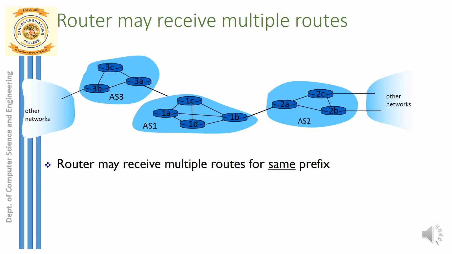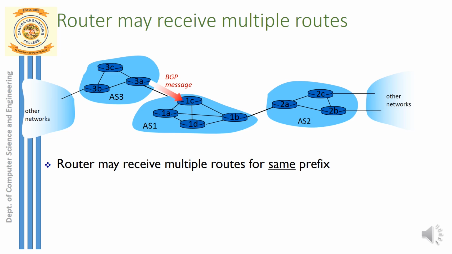Let's see that a router may receive multiple routes. We'll see what happens when a border router 1C receives multiple routes. So what is the meaning of multiple routes? For example, I have a prefix, and that prefix is something like 132.16.18.something.